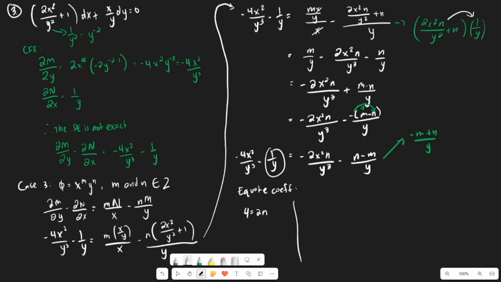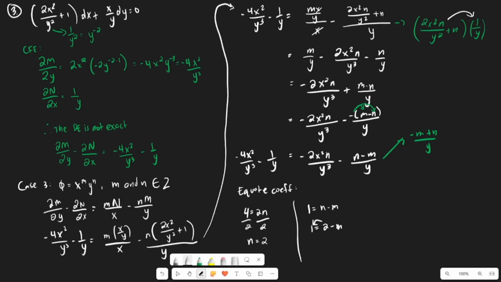And on this side, you'll have 1 is equal to n minus m. So dividing both sides by 2, you'll have n is equal to 2. And on this side, you'll have 1 is equal to, you already know the value of n, so that's 2, minus m.